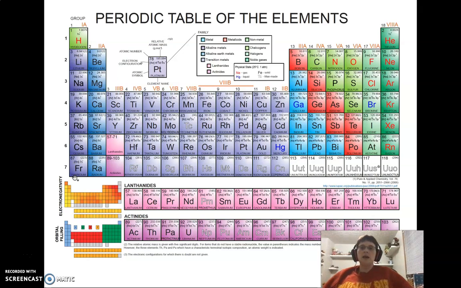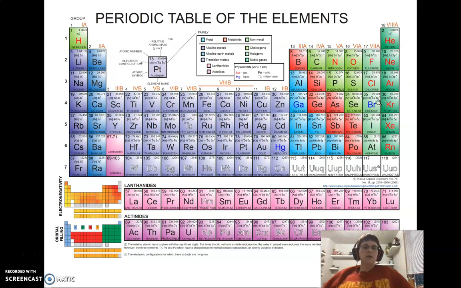That means it's going to be a positive ion, because remember, these over here are metals. So it's a +1 ion. And then we're looking for bromine, because it's an ide.